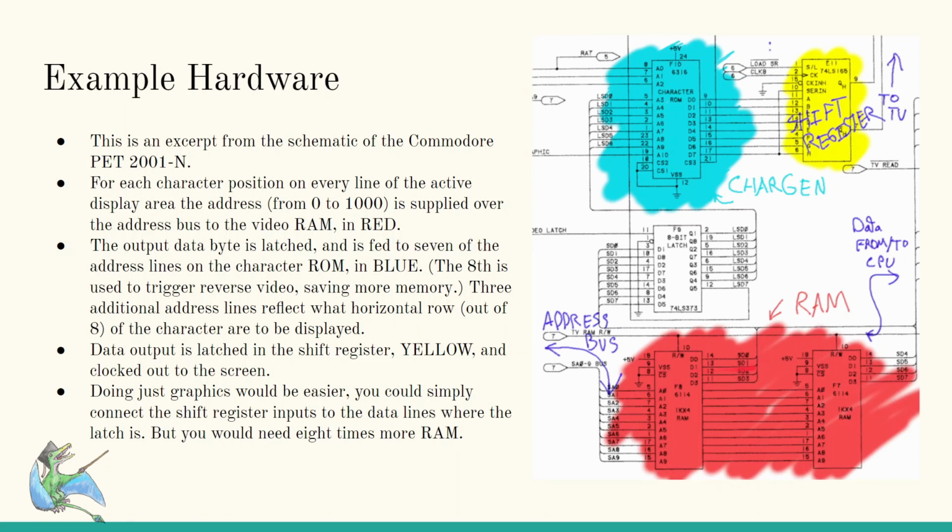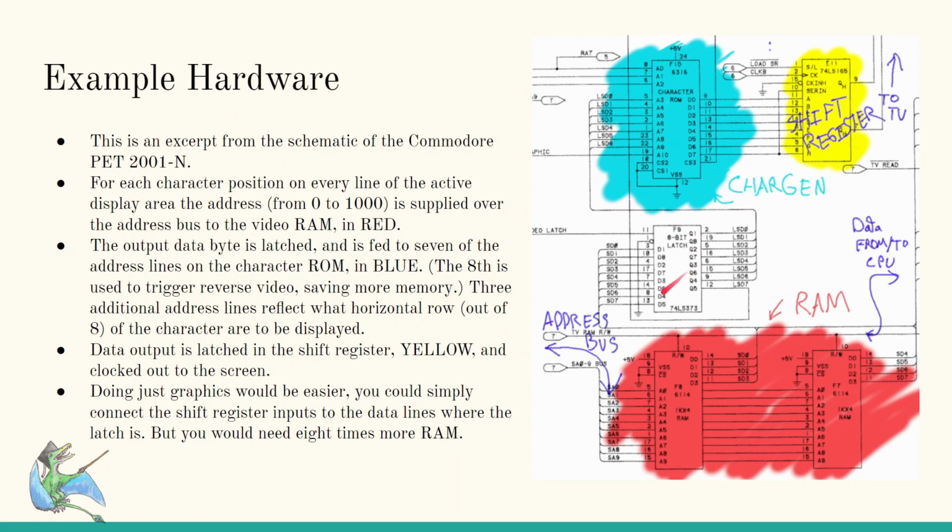You see the data bus is connected to the CPU, and in this case it's also connected to a latch, because this memory was barely fast enough to do what was being asked of it. So the output from the RAM is latched in there, so the video hardware can give the RAM back to the CPU as fast as possible.